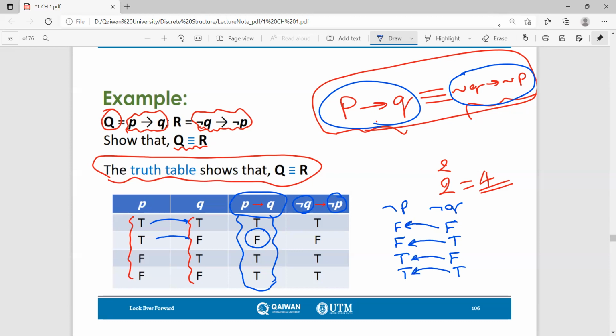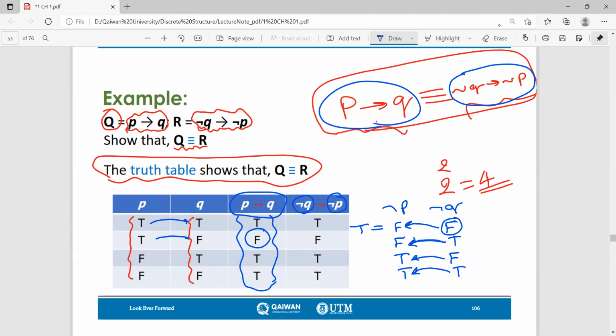Now, false, then false. Look, from here it goes to there. That means this is the first one, because it goes from negation Q to negation P. So false, then false is true.